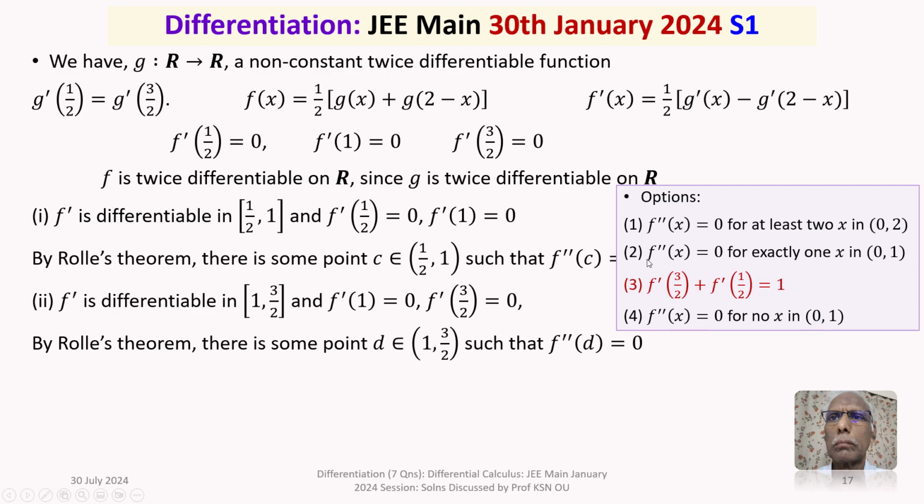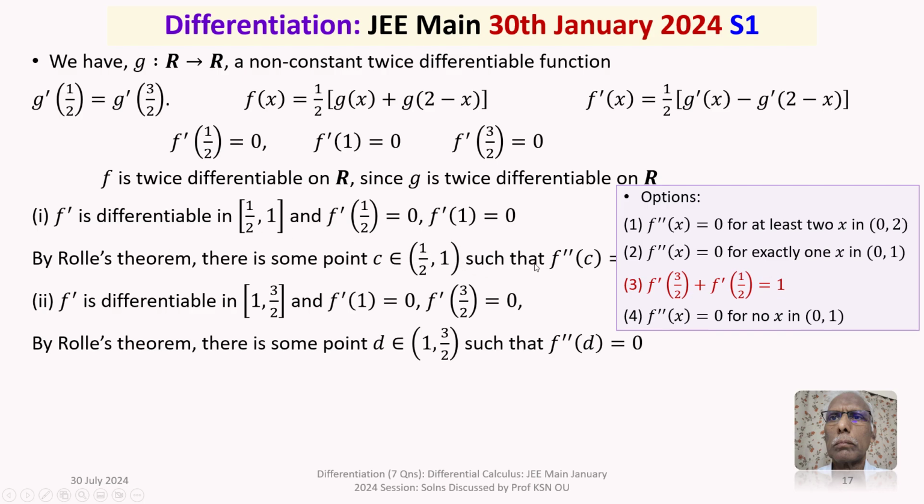And let's look at that second option. f double prime x is 0 for exactly 1 x in 0, 1. So take the interval 1/2 to 1.